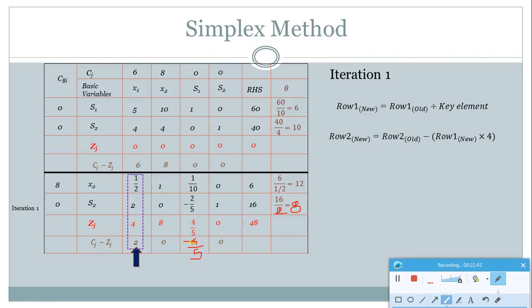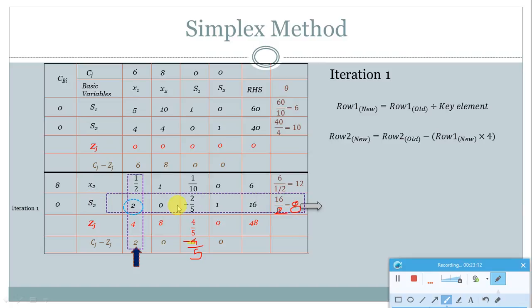Once the values of theta are calculated, select the minimum value among them. So 8 is the minimum value. The row corresponding to this value is the new key row and 2 will be the key element. From this we can say that x1 will be the new entering variable and s2 will leave the basis.